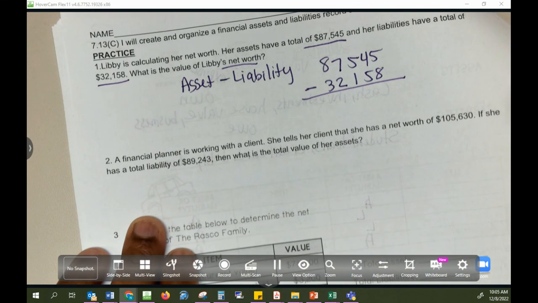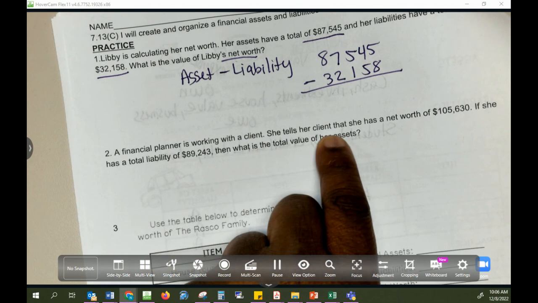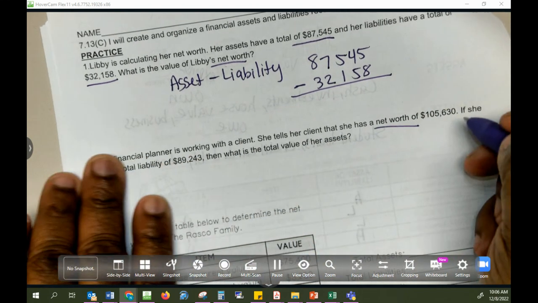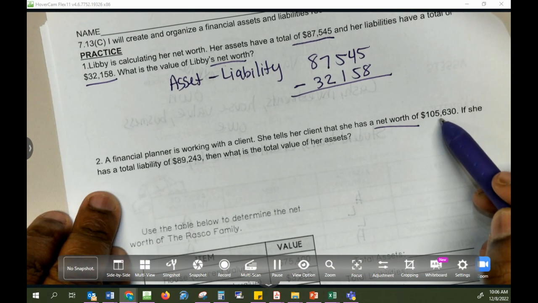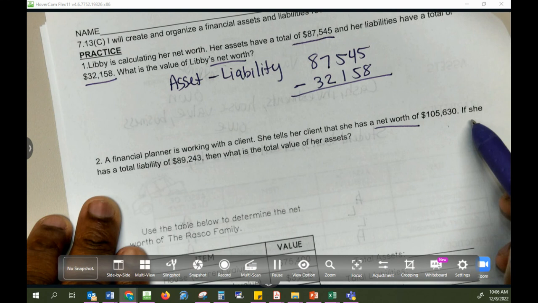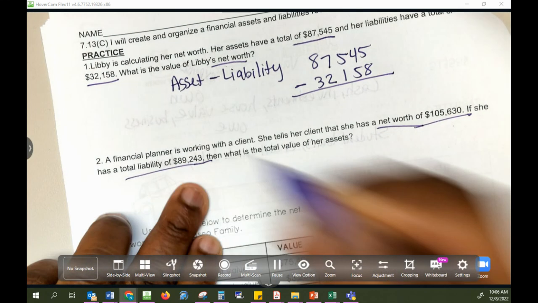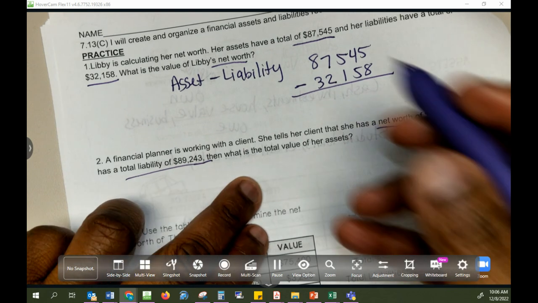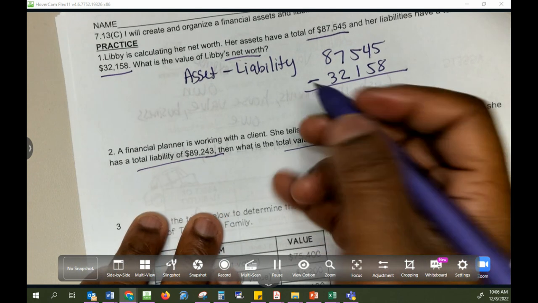Let's look at number 2. It says a financial planner is working with a client. She tells her client that her net worth is 105,630. If she has a total liability of 89,243, what is her asset? So remember, we know the equation for this.